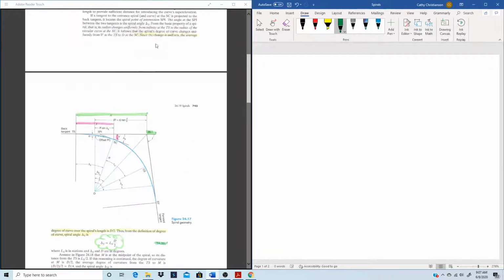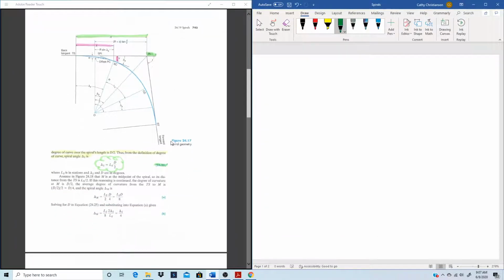Since the change is uniform in our spiral, the average degree over the spiral length is D over 2. Thus, from the definition of degree of curve, the spiral angle is theta S. So theta S equals Ls D over 2, and D would be your degree of curve.